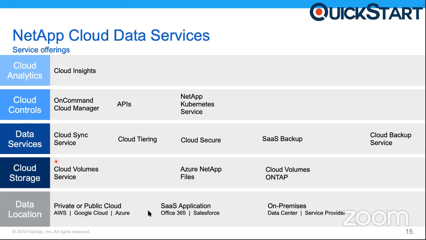In this specific training, what we're going to cover is going to be Cloud Volumes ONTAP. That is what I'm going to show you, right? Which is part of the cloud storage, right? But you need to know that there is some other stuff that we provide. Cloud Sync Service, if you want to synchronize NFS or CIFS data, and you want to transfer that to another container.